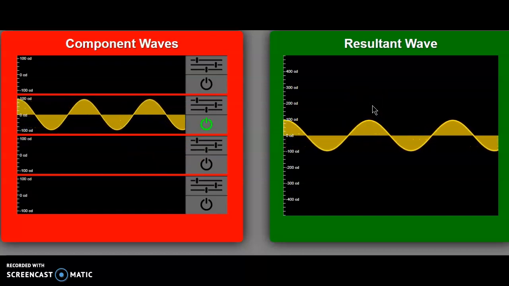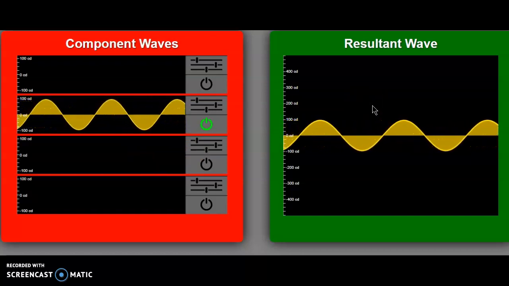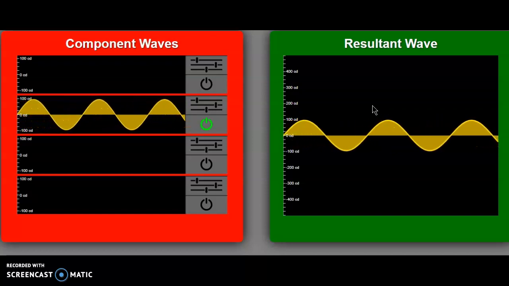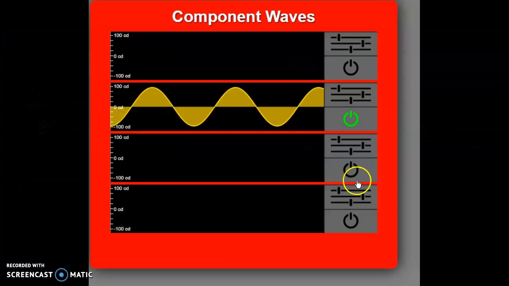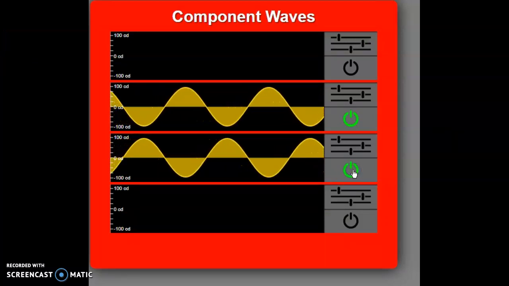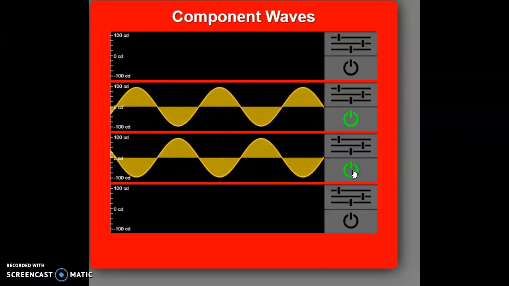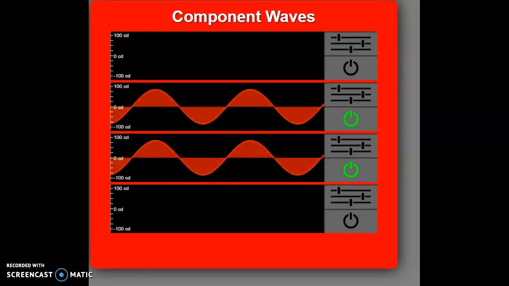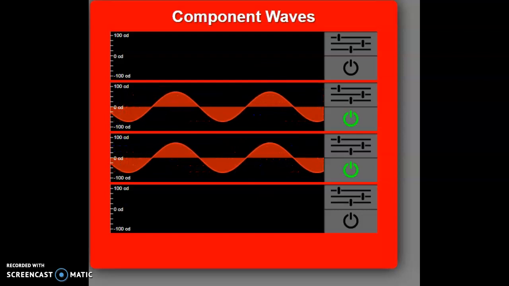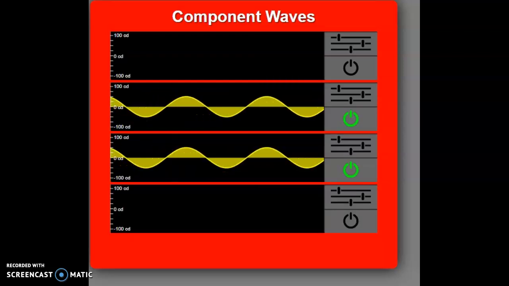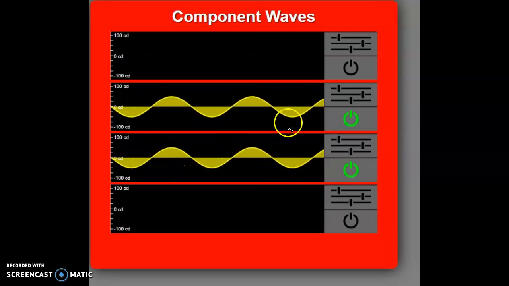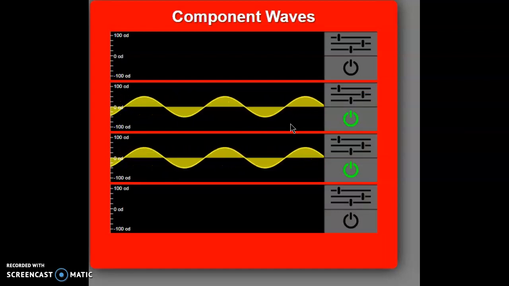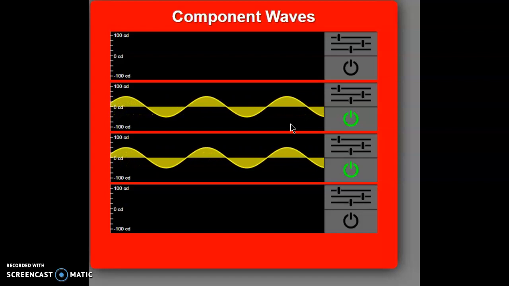So I add another wave. This wavelength should be identical. So there are two waves. What is happening here? Be aware in this case.